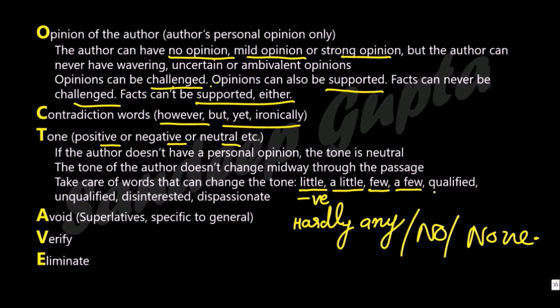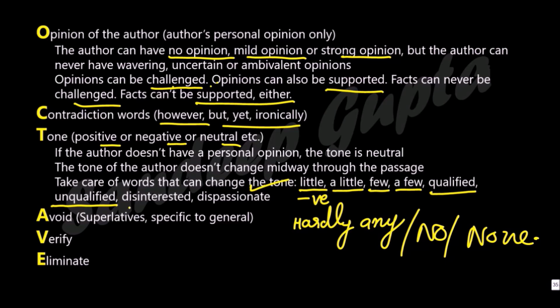So this is how. Qualified means limited, not full, with some reservations, with some boundaries. So I give him my qualified support means I do not give him my full support. On the other hand, unqualified means complete, full, total. That means absolutely no boundaries. If you say I give him my unqualified support, means even if he commits a murder, I'll still support him. That is the meaning of unqualified, complete support.